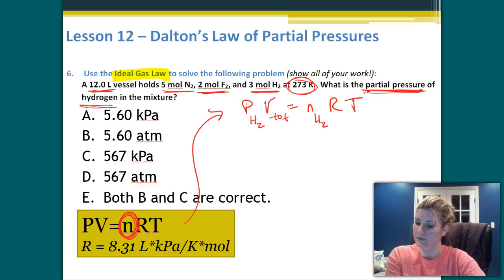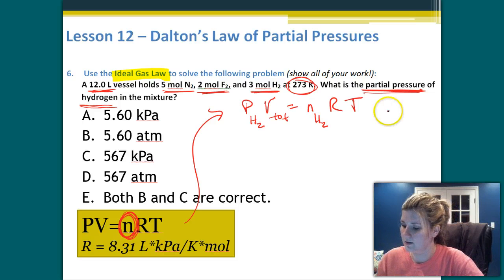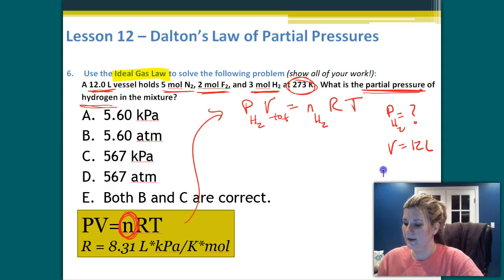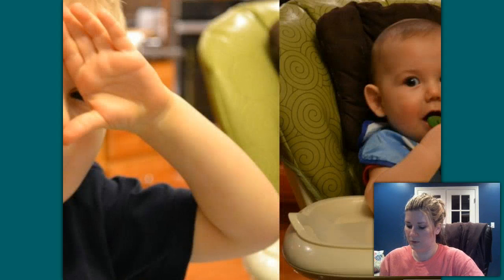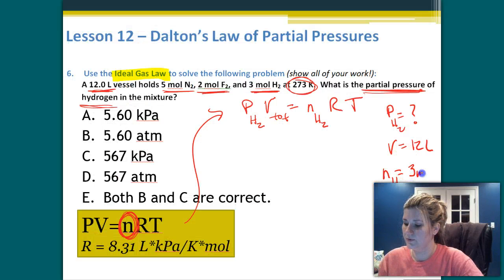Now substituting that in, let's do our things here on the side. We don't know the pressure. That's what we're looking for. The volume is equal to 12 liters. N of just hydrogen is equal to 3 moles. T is equal to 273.